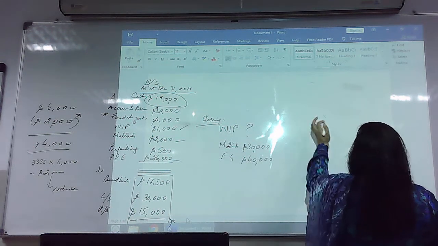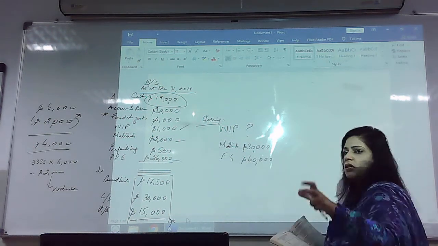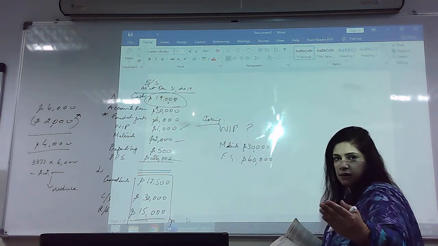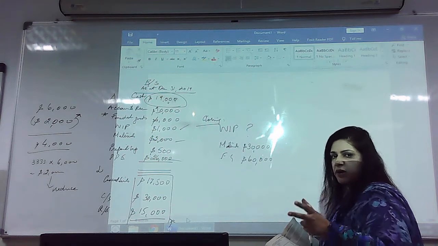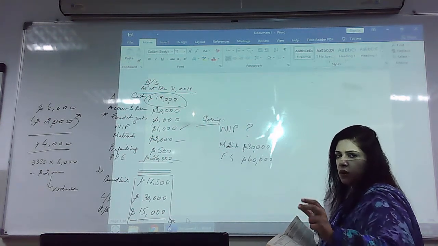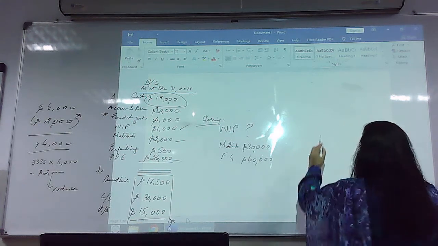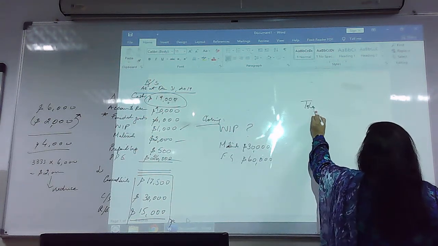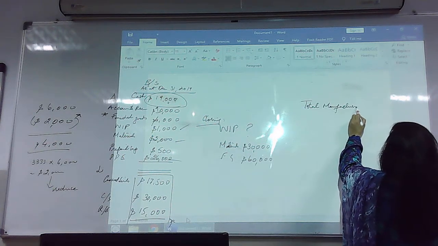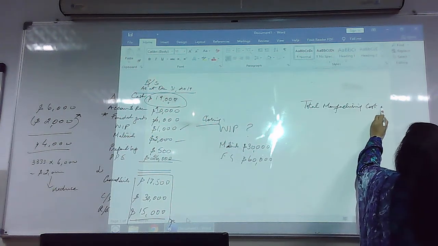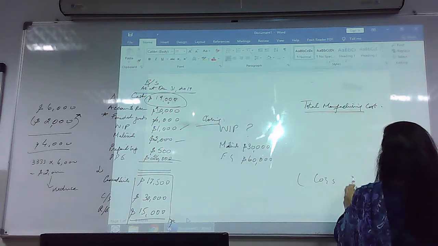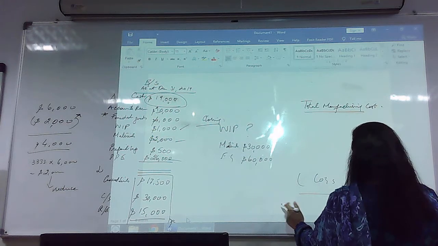So what we are going to find out is what was the total cost and what was sold out of that. So once you have total manufacturing product cost, in other words total manufacturing cost, out of that you subtract cost of goods sold and you get closing.